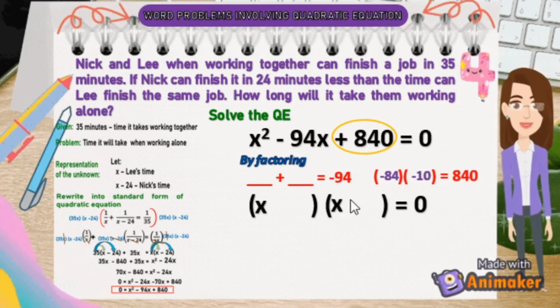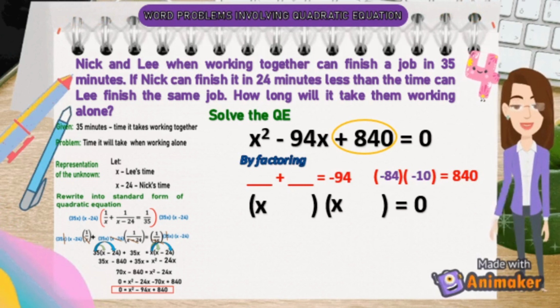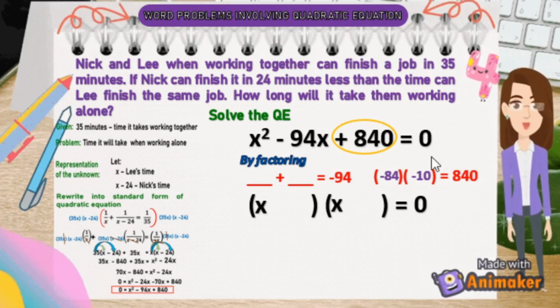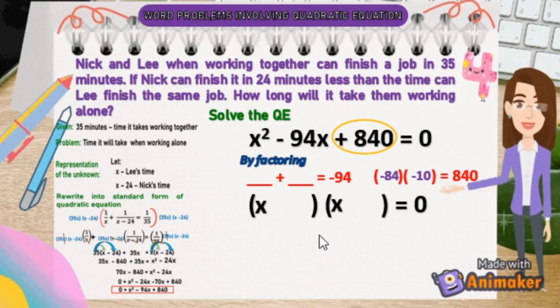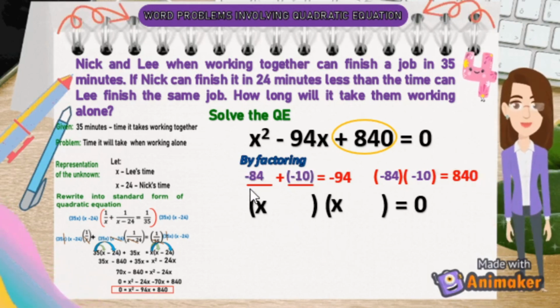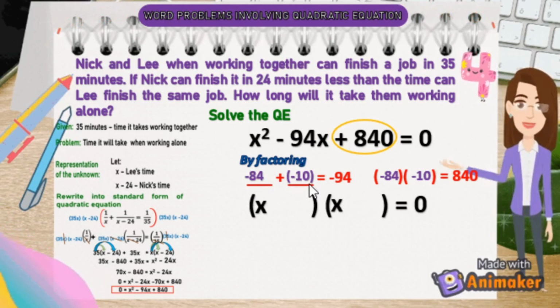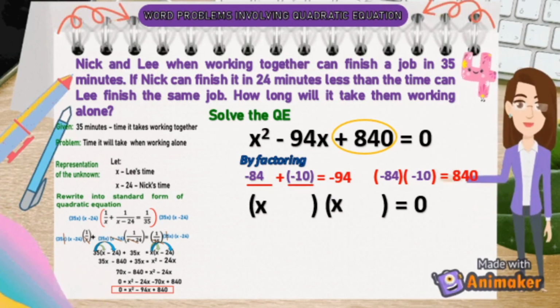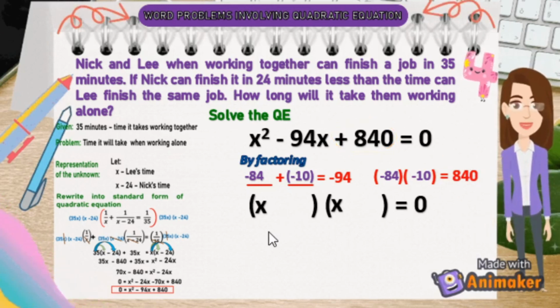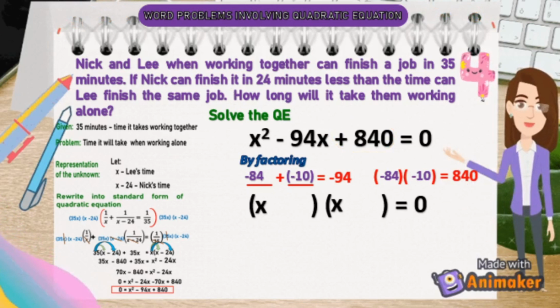So, the factors are negative 84 times negative 10. So, negative 84 times negative 10 is 840. Pag inadd naman natin, negative 84 plus negative 10 is equal to negative 94. So, therefore, negative 84 and negative 10 ang kukumpleto sa ating binomial.